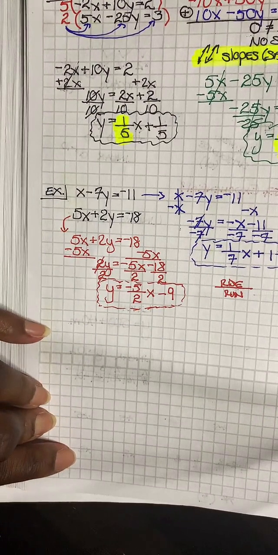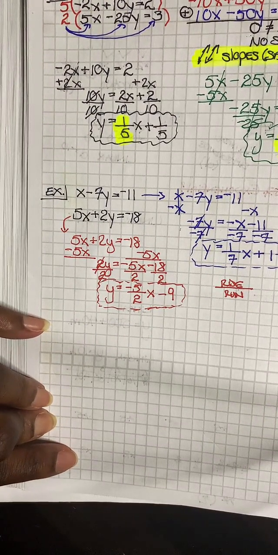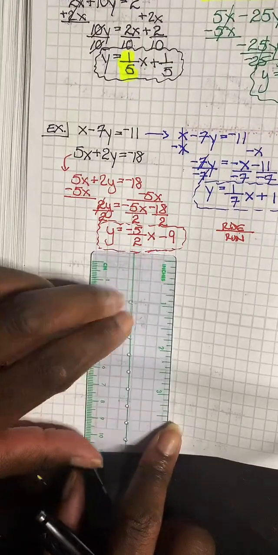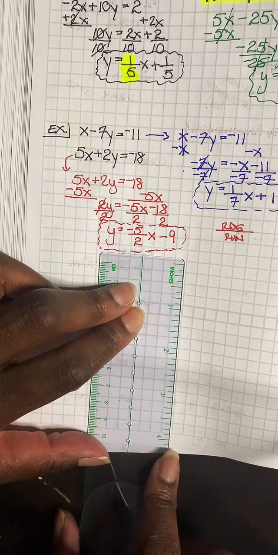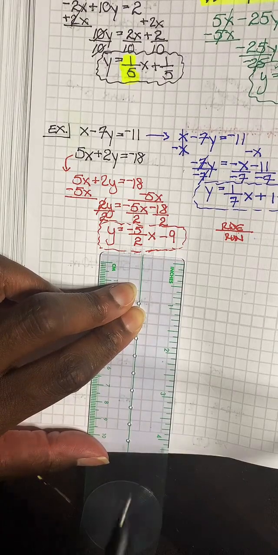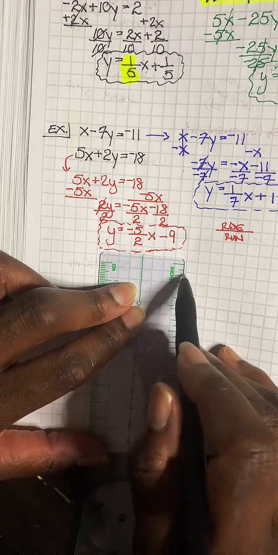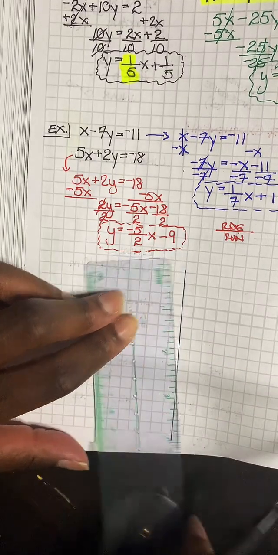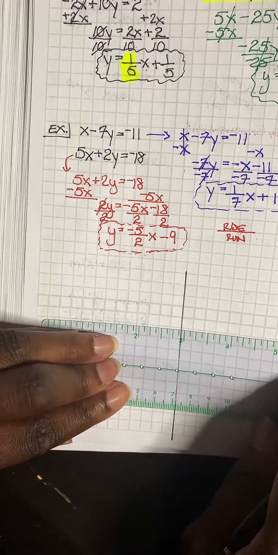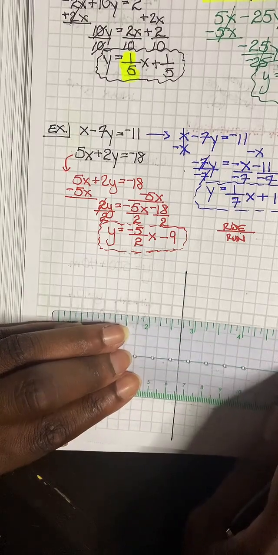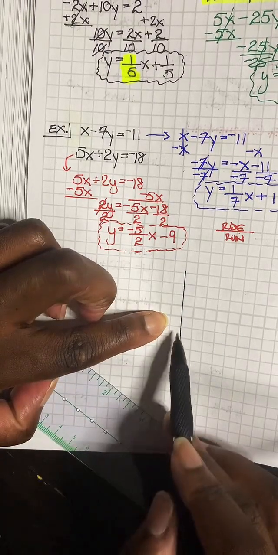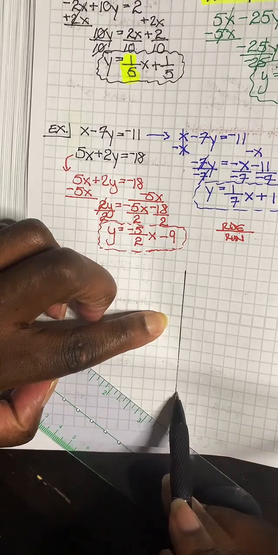let's draw our graph. Let's see. Just wanted to see how much of the graph. 1, 2, 3, 4, 5, 6, 7, 8, 9.